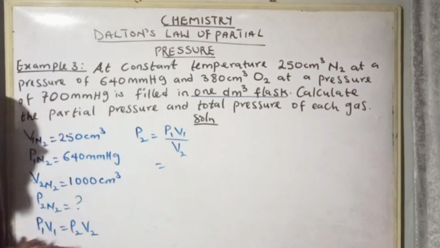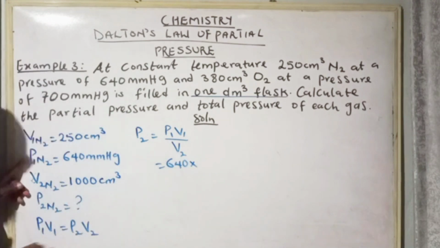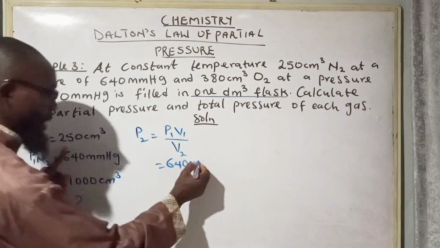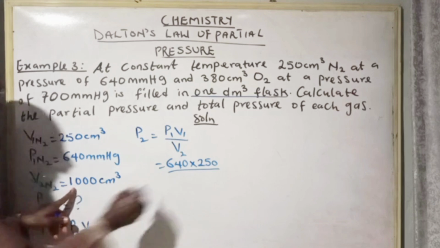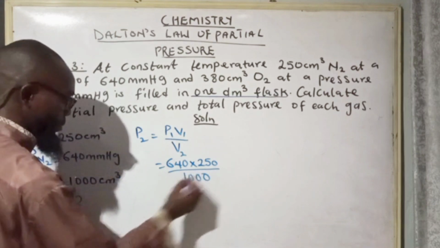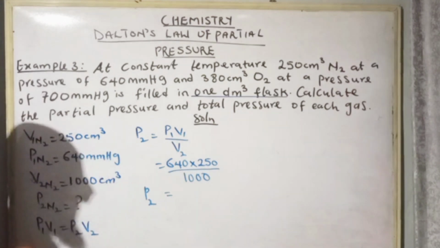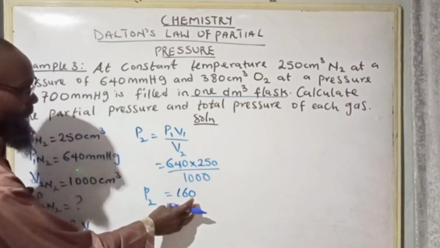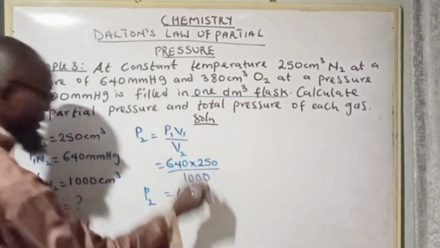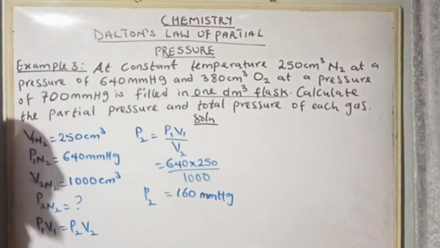So I have my P1 here as 740 multiplied by our V1 250 divided by my V2, which is 1000. So let us multiply and divide by 1000. We have 185. That is our pressure, and our pressure here is in millimeter of mercury. That is the partial pressure of nitrogen.